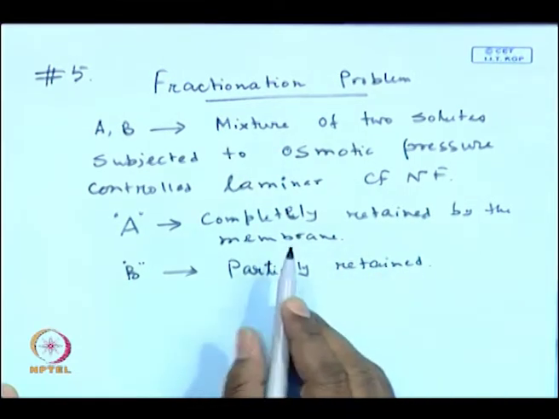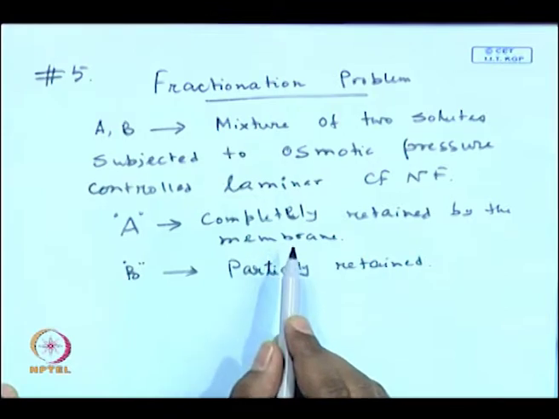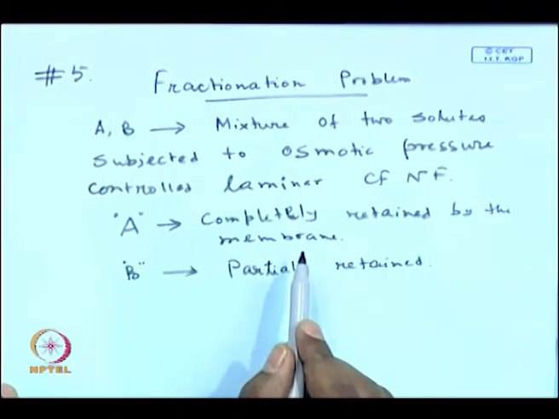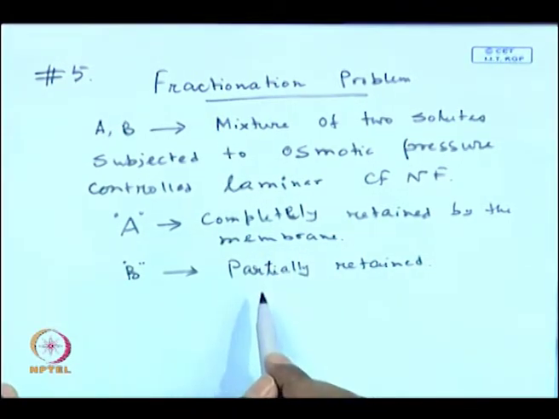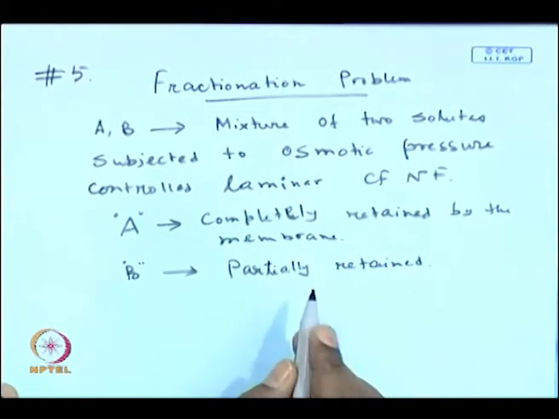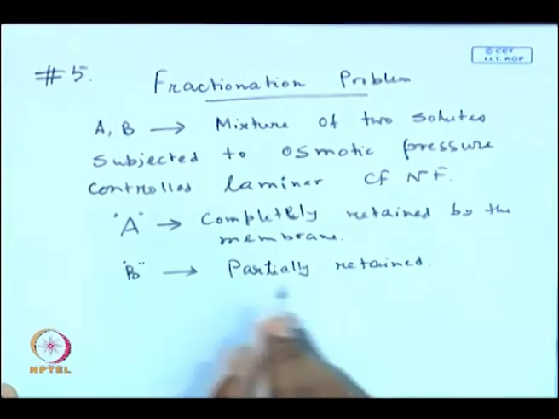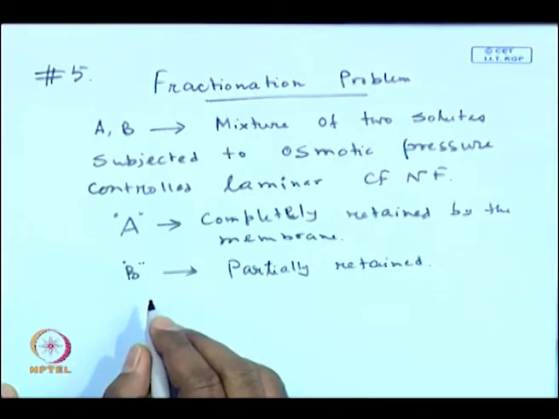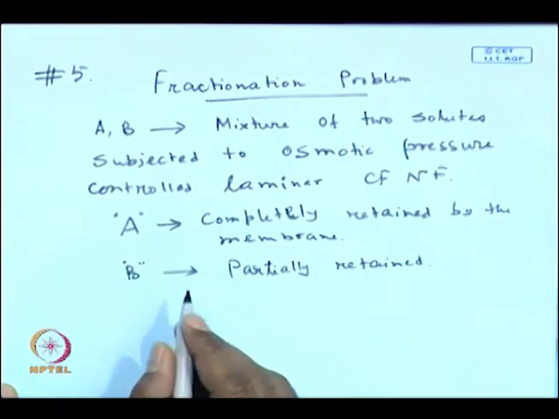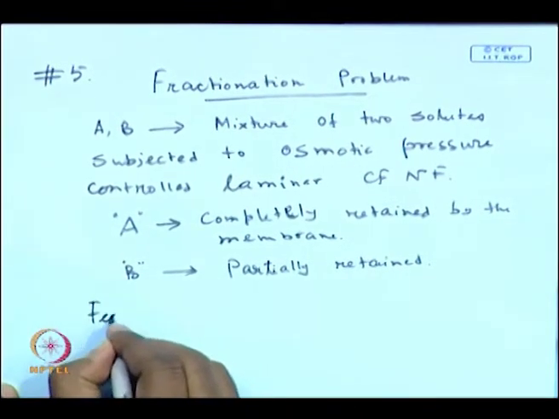That means real retention for the component A will be equal to 1, real retention for the component B will be something which is not equal to 1. So, it is given the feed mixtures. Let us look into the feed composition.